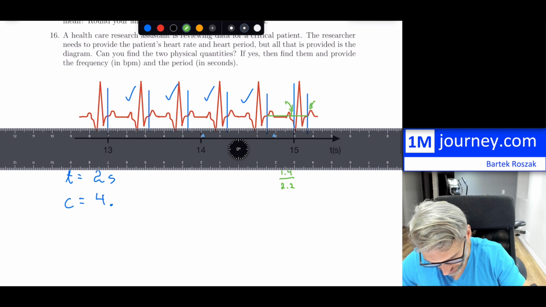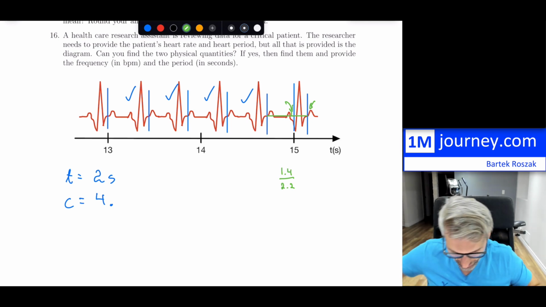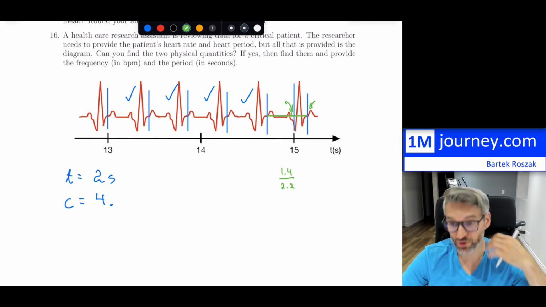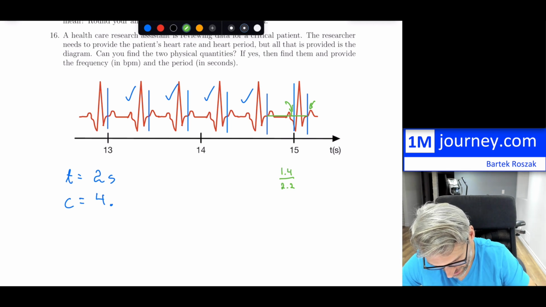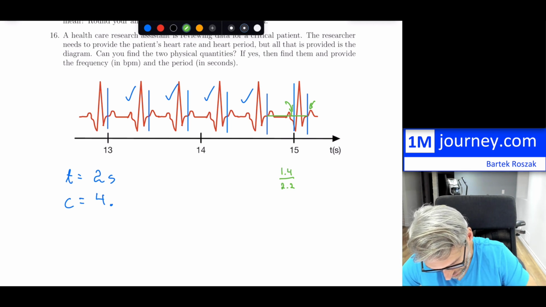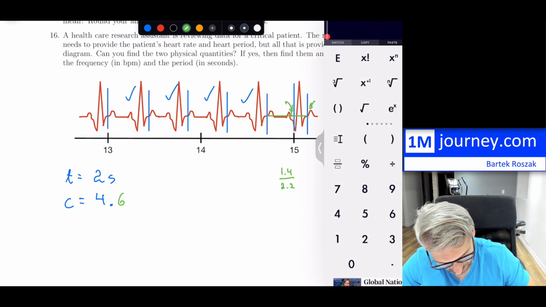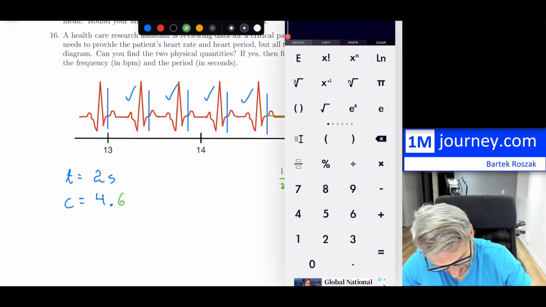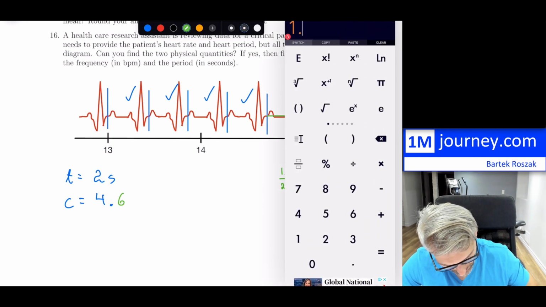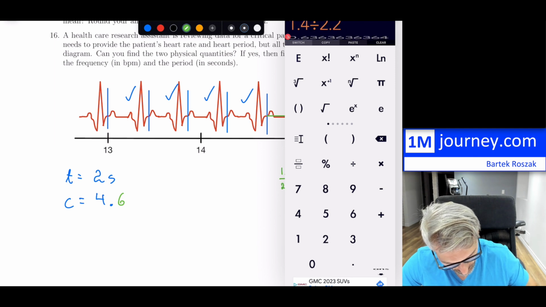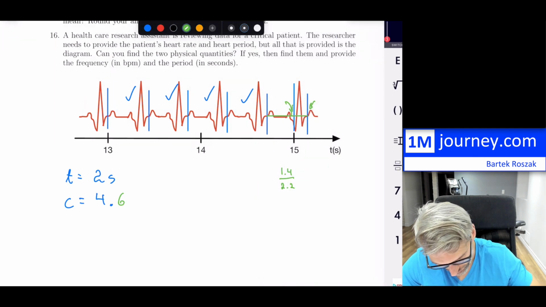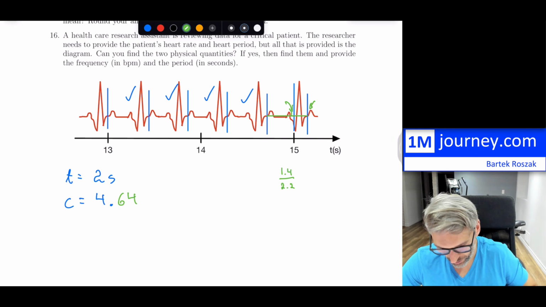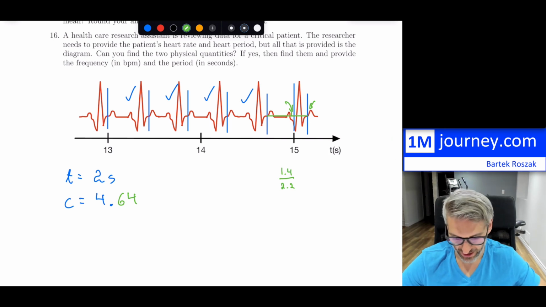All right, let's get rid of this ruler. You can approximate it any way that you like. If you said 0.6, that would have been fine. So I'm going to put 0.6. 1.4 divided by 2.2, yeah, 0.64. I'll just leave it at approximately that. That's how many cycles we have.